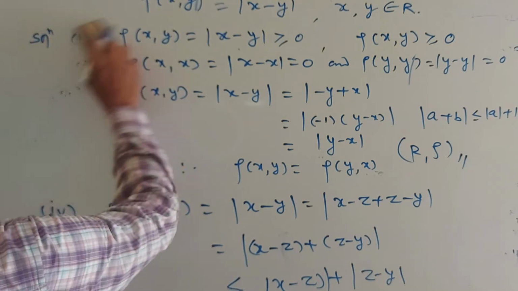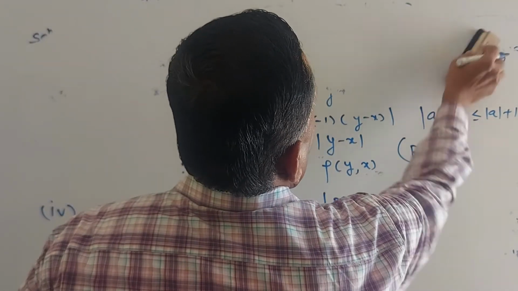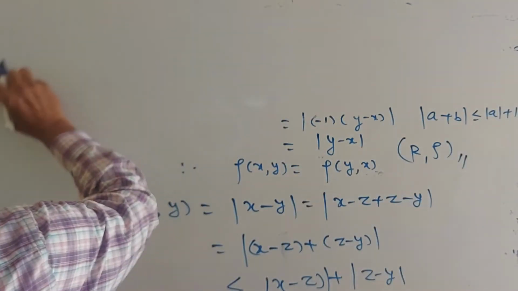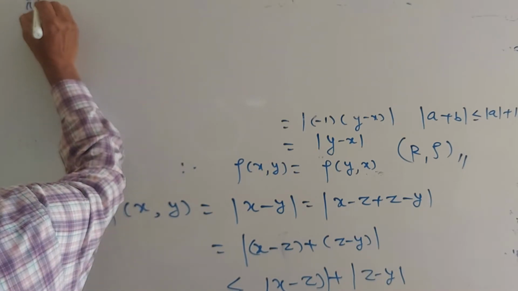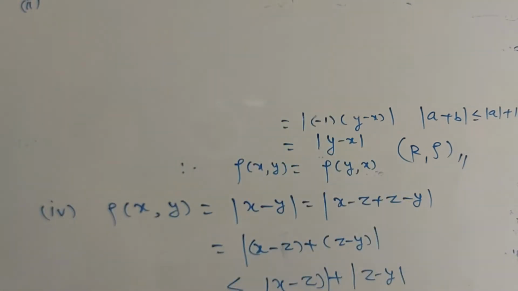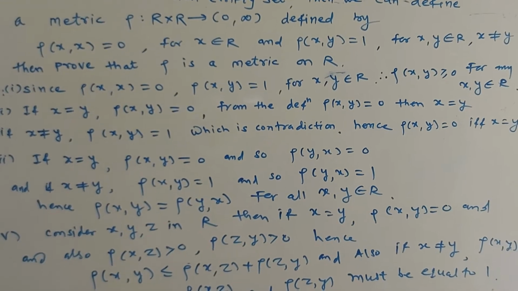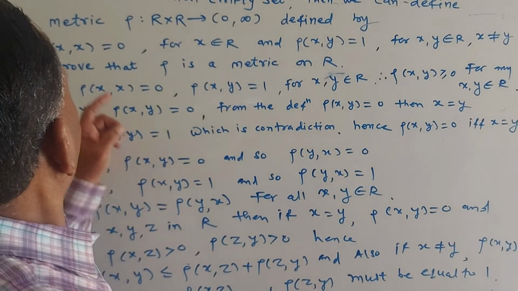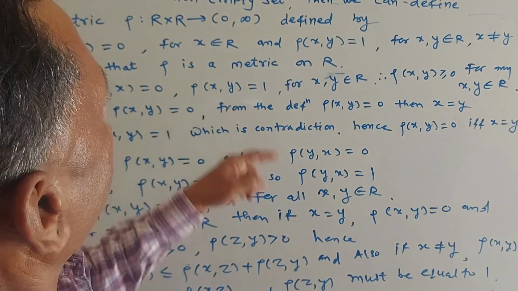So similarly, again we see one example. Second example, that is known as the discrete metric space. Now, second example: let R be a non-empty set.